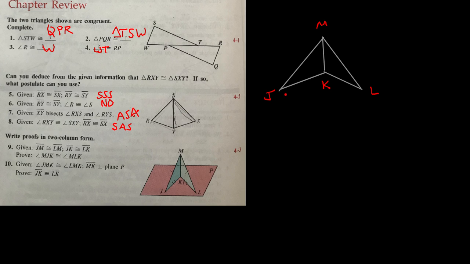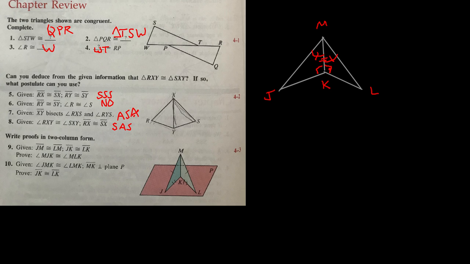Okay, this one is given angle JMK is congruent to LMK, and it says that MK is perpendicular to plane L. So this is going to be perpendicular, so we can put perpendicular lines, and then we can say MK is congruent to MK, and so it would be angle, side, angle.